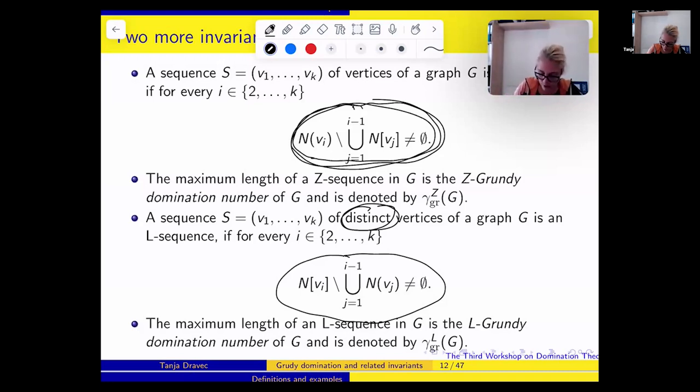If I check a very easy example, say P3, I can put one vertex in the sequence, say this is the first vertex V1, and by definition it footprints V1 and its neighbor. But now when I put the second vertex in the sequence, say this vertex V2, then because what is already dominated are just open neighborhoods, V2 will again footprint V1.